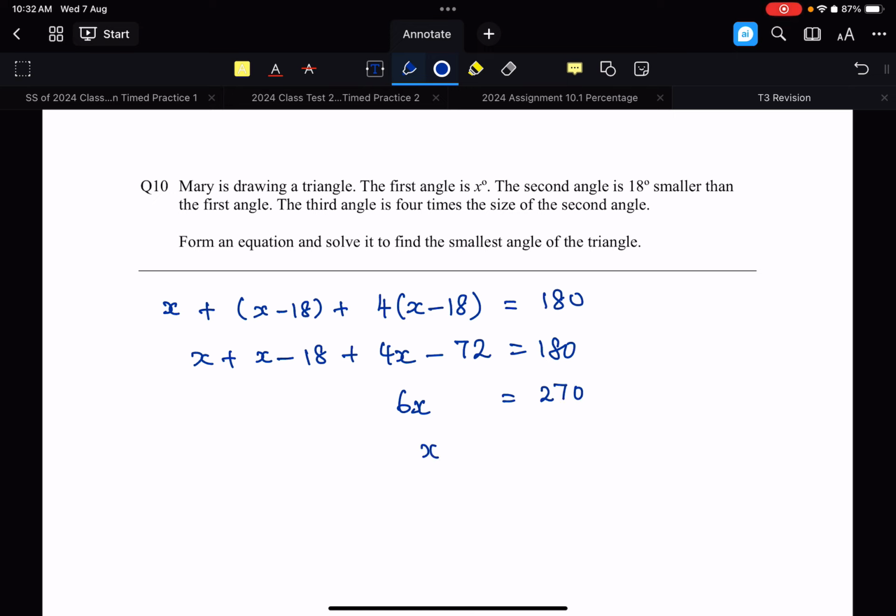So x is equals to 45. Okay, right? So the smallest angle will be x minus 18, which gives us 27 degrees. Okay, done. Next go.